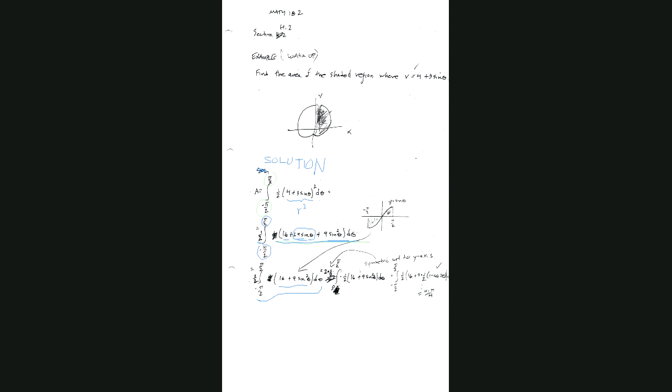Our limits go from negative 90 degrees to 90 degrees. That means, or negative pi over 2 to pi over 2. So zero's right in the middle. The y-axis is right in the middle. So if you were to graph this, 16 plus 9 sine squared of x, let me just check one thing here.